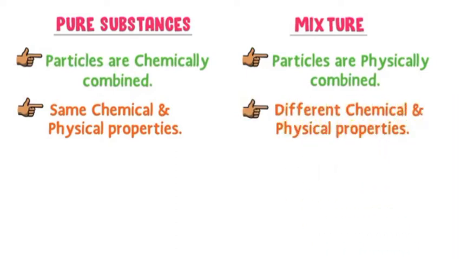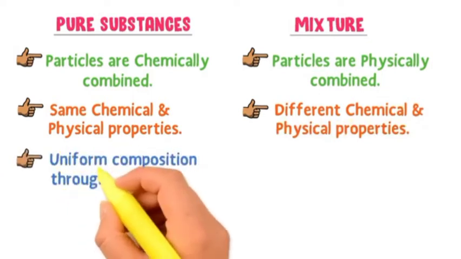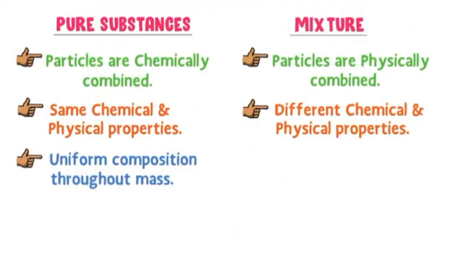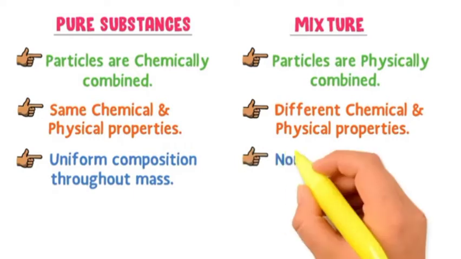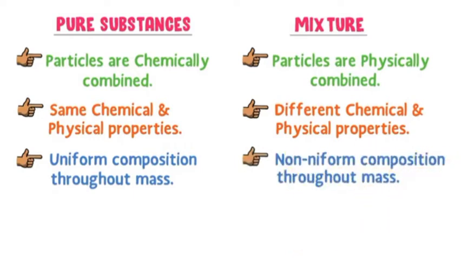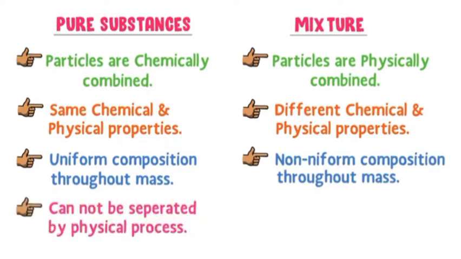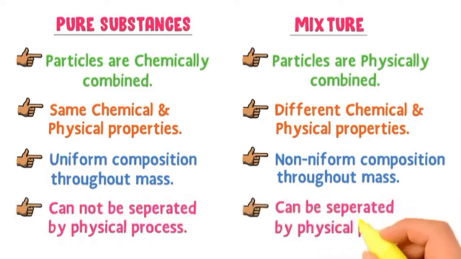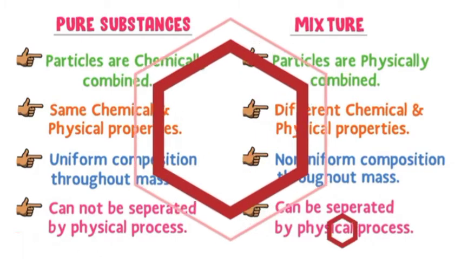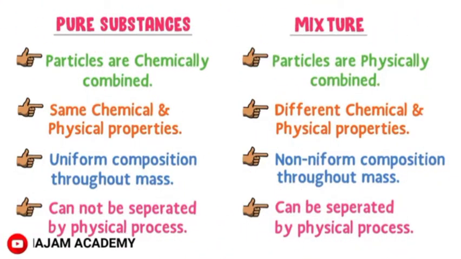A pure substance has uniform composition throughout its mass, while a mixture usually has non-uniform composition throughout its mass. Pure substances cannot be separated into simpler substances by any physical process, while a mixture can be separated by a physical process like filtration. This was all about pure substances and mixtures.